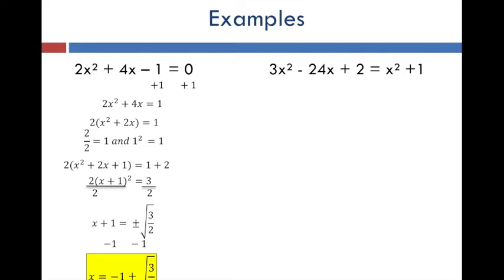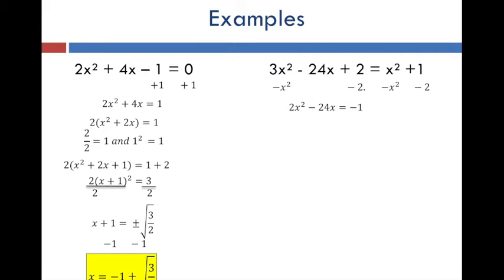Okay, I need to get this one into the form of ax squared plus bx equals c. So I'm going to subtract x squared and 2x, or 2, from both sides. So 2x squared minus 24x equals negative 1.